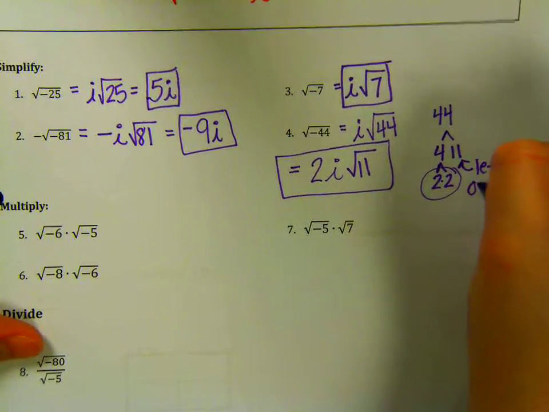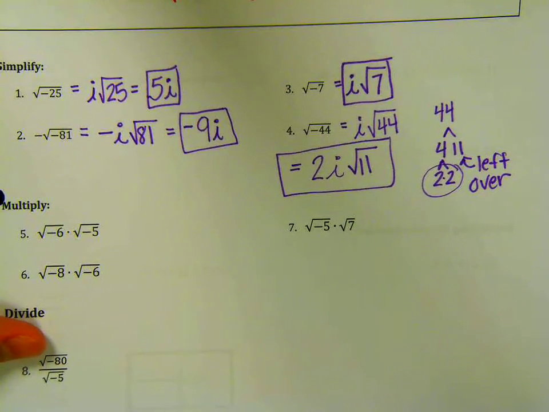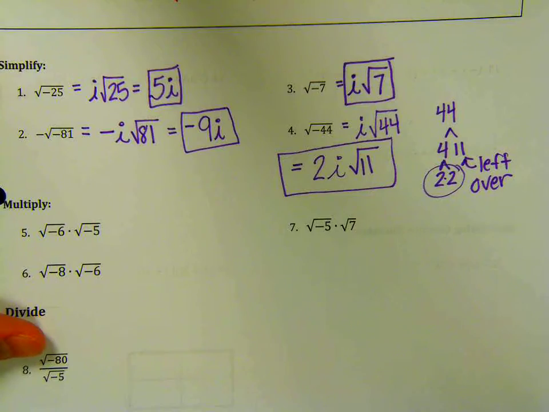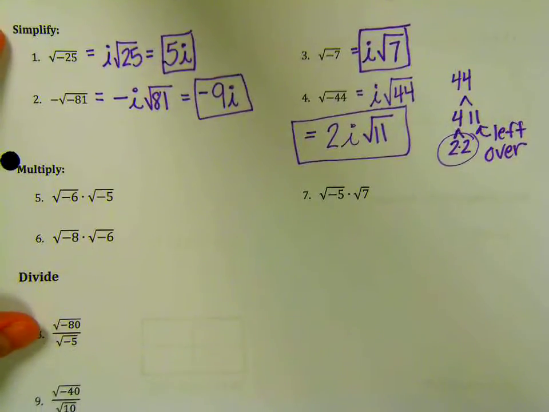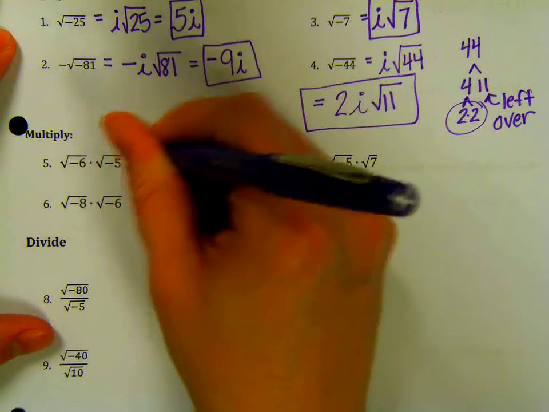So basically, this section is doing the same things over and over again that we did before, but now with some i's involved. So the multiplication section, I'm going to do the same thing. So we have i root 6 times i root 5.